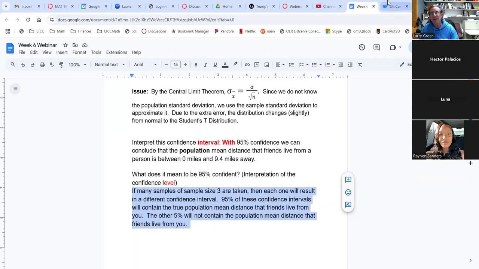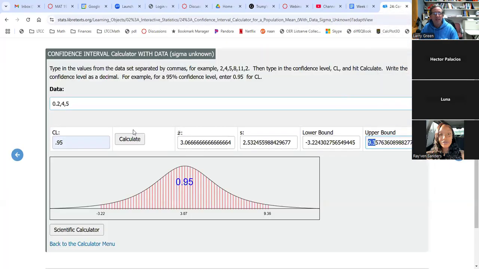It might help to look at it. Instead of 95%, if I turn this into 99%, and remember we had 3.2 and 9.4 or so, and I calculate, now it's going to be negative 11.4 to 17.6. So all of a sudden, yes, I'm very confident, but look how wide a range this is.